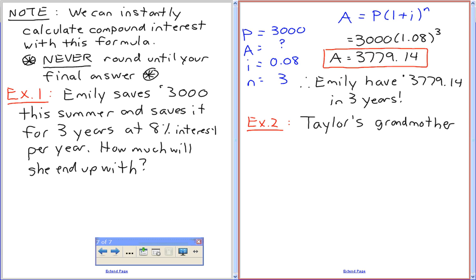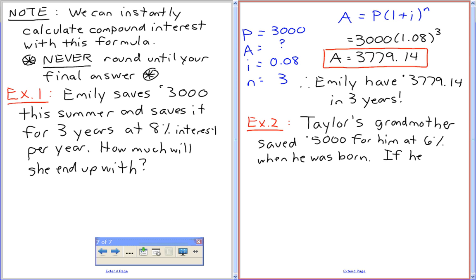Taylor's grandmother saved 5,000 for him at, we'll say 6%, when he was born. Savings bonds are only 6%. If he is 16 now, what is their value?